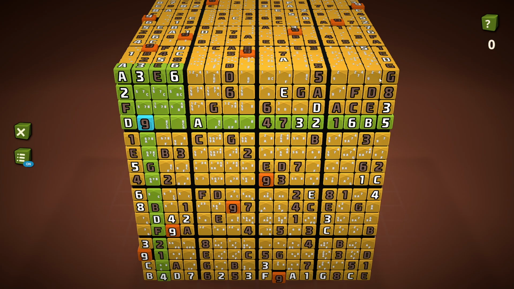So the 9 has to be one of these two. So this can't be a 9. Two 9, and then a 4 and a 7. Huh. Nope.